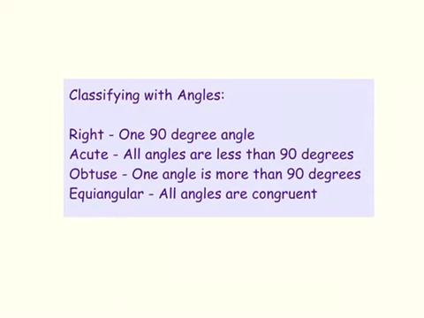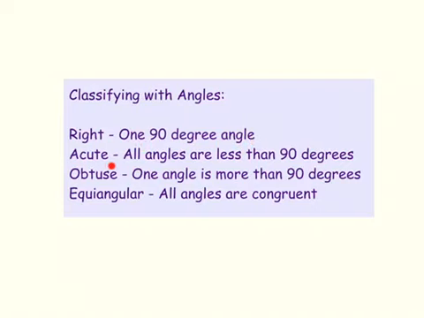And we also classify triangles, or give them names, based on the measurement of their angles. A right triangle is one that has one 90-degree angle. A 90-degree angle is a right angle. So a right triangle will be a triangle that has one right angle.